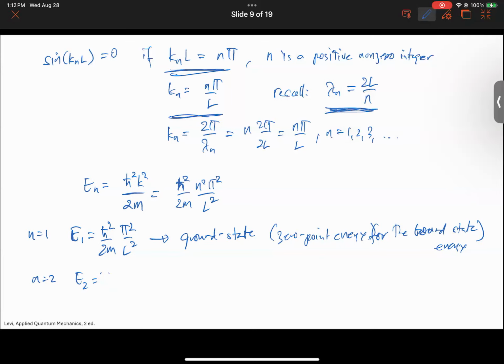Sorry, 2 h bar squared over m pi squared over L squared. This is called unexcited state. So lahat ng states na sa ibabaw ng ground state ay excited state. Itong particular state na ito ay tinatawag na first excited state.